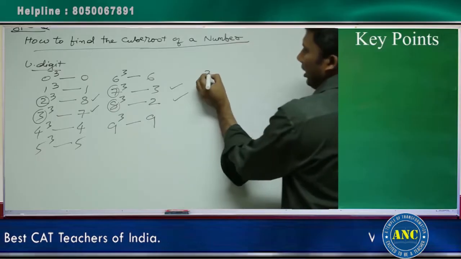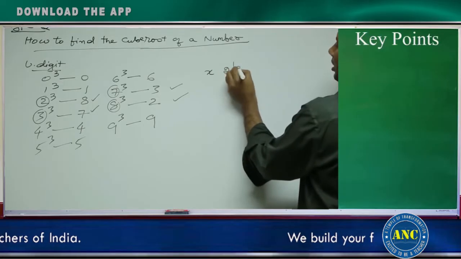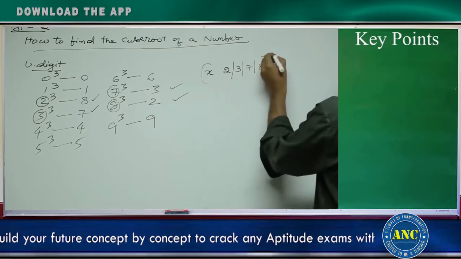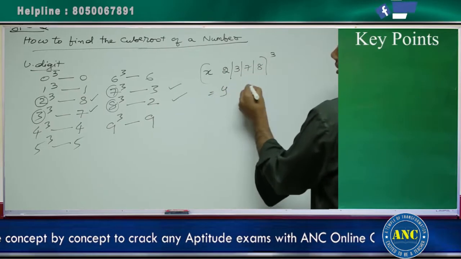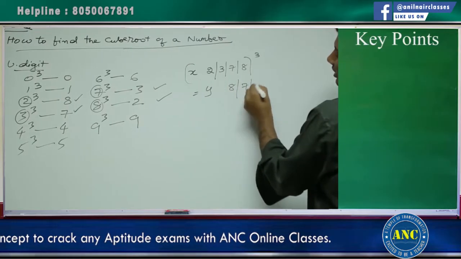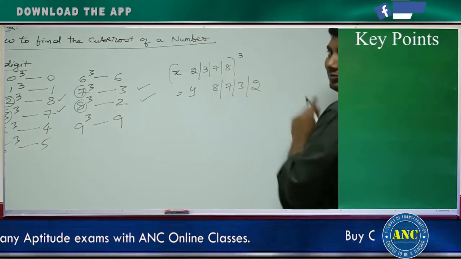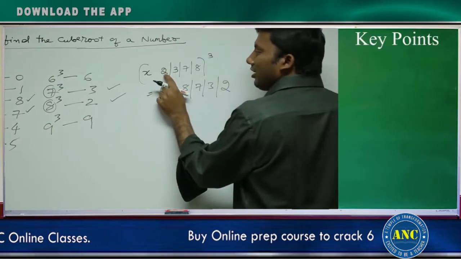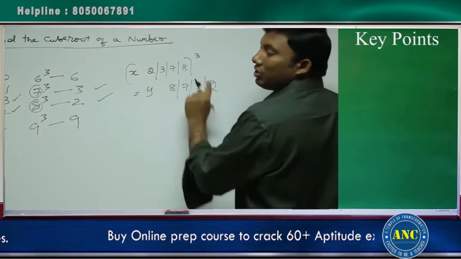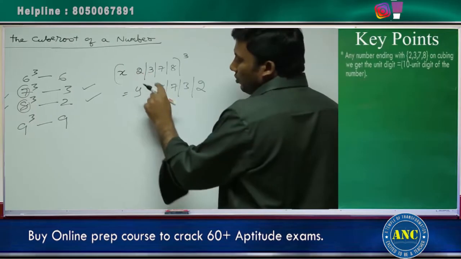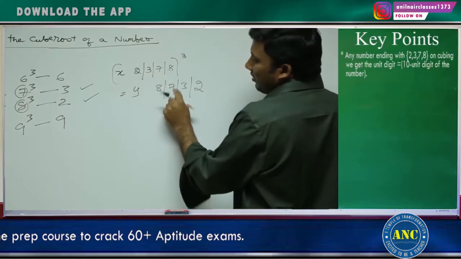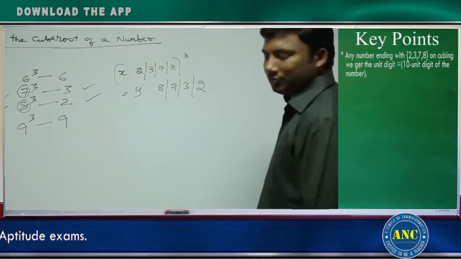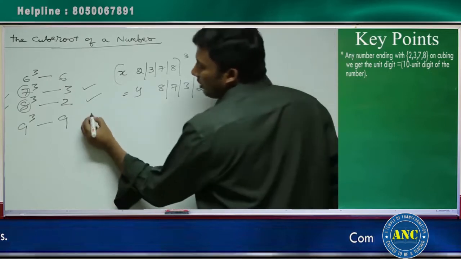That means any number ending with 2, 3, 7 or 8, on cubing, I will get some other number ending with 8, 7, 3 or 2. In other words, it is nothing but 10 minus the unit digit of the number in the case of 2, 3, 7 or 8. 10 minus 2 is 8, 10 minus 3 is 7, 10 minus 7 is 3, 10 minus 8 is 2.